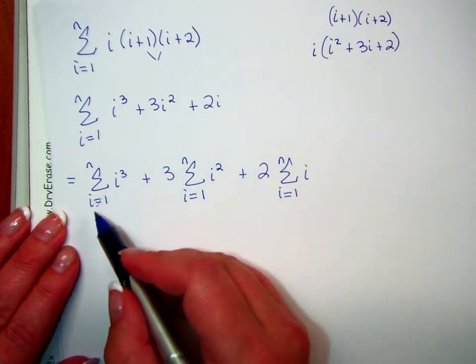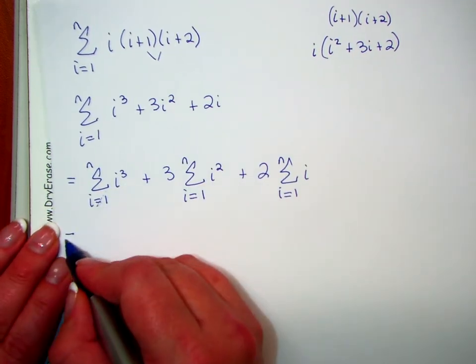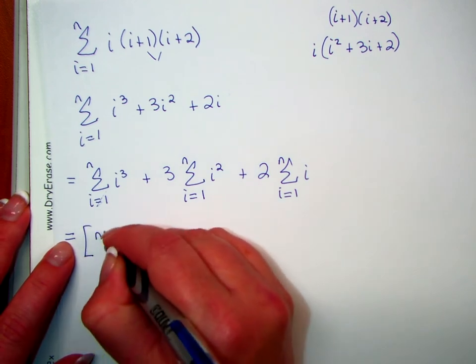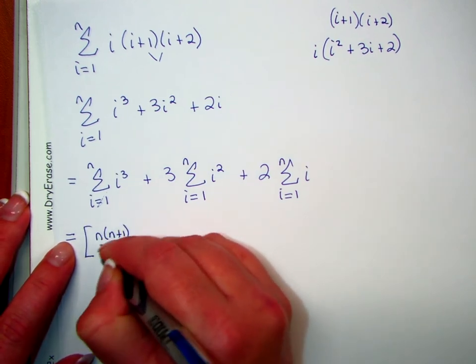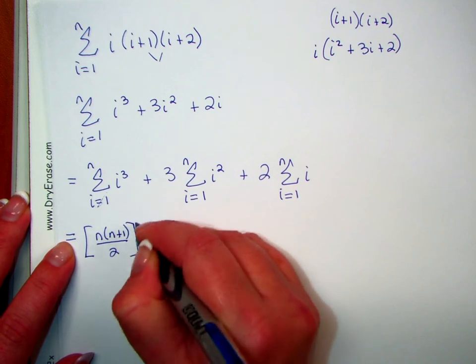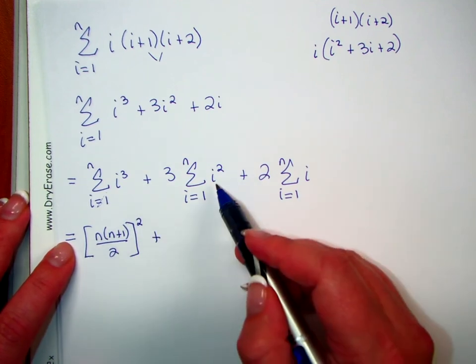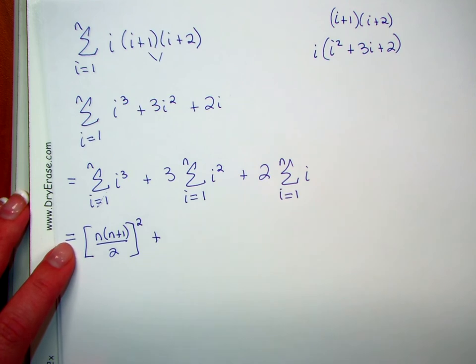Right? So here, the summation of i cubed has a known formula that we can use. We're going to get n times n plus 1 divided by 2 quantity squared. The i squared has a known formula that we can use.